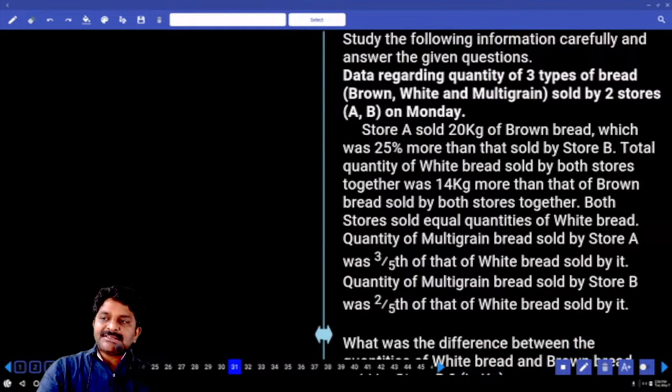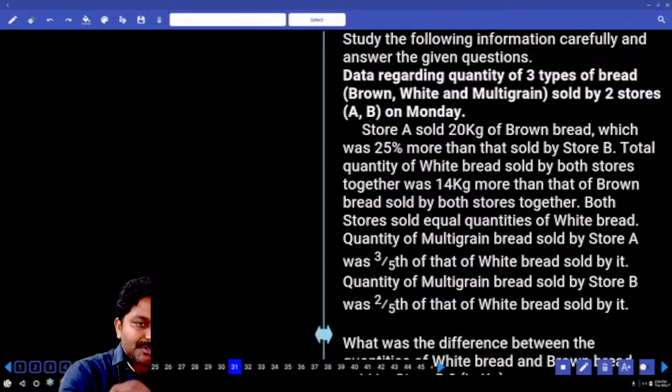Data regarding quantities of 3 types of bread, brown, white, multigrain, sold by 2 stores.